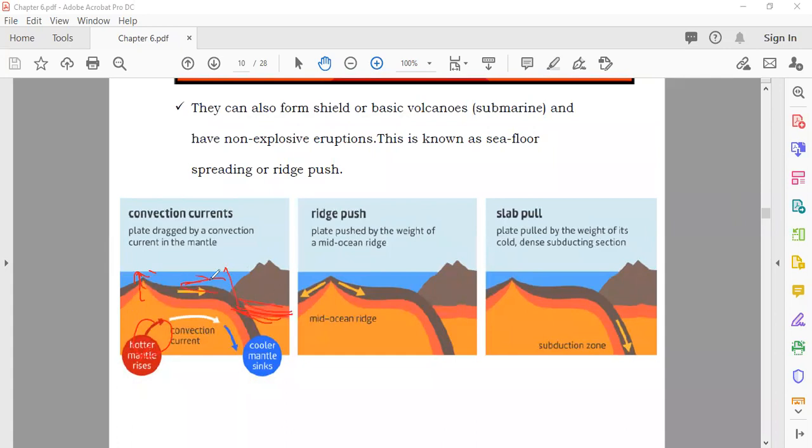For example, here, so you can find that it converts again into a bed or sea floor, because you have two things. Now see, if the lava comes out, that's known as volcanic activity. If the lava does not come out and it remains near the sea surface, it makes a bed, and that is known as sea floor.